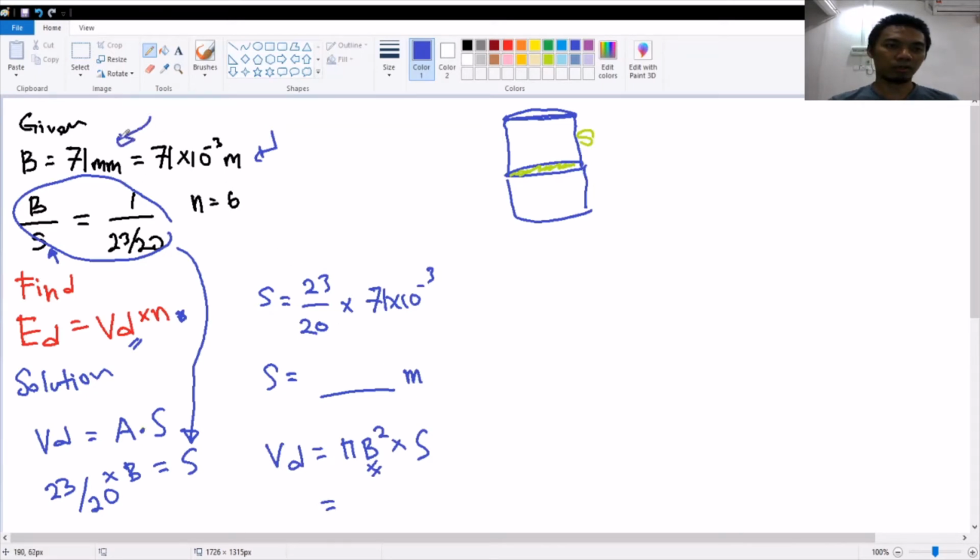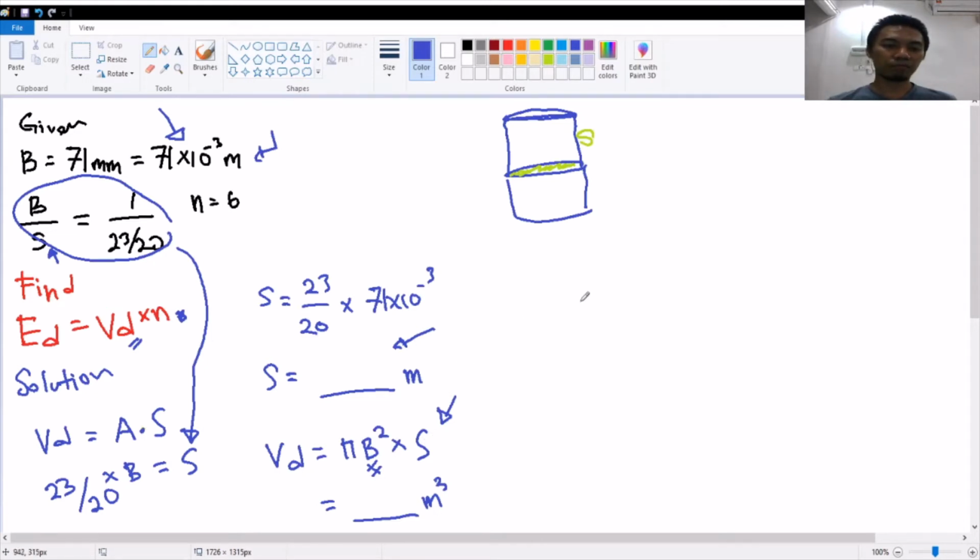Don't use mm, please use the basic unit of length, meter. And S, the stroke, you found earlier. So you get VD. What is the unit of VD? Volume, meter cube, if you use B and S in the basic unit of length, meter.